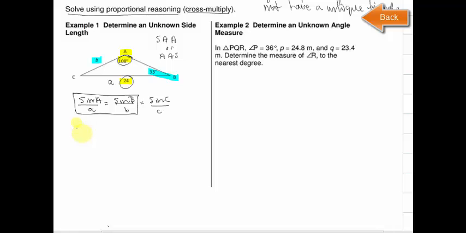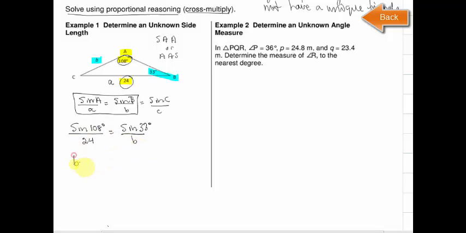And so I'm going to look for sine of angle A, which is 108 degrees, over side A, which is 24. And that's equal to sine of angle B, which is 33 degrees, over side B, which I don't know. And then I cross multiply.